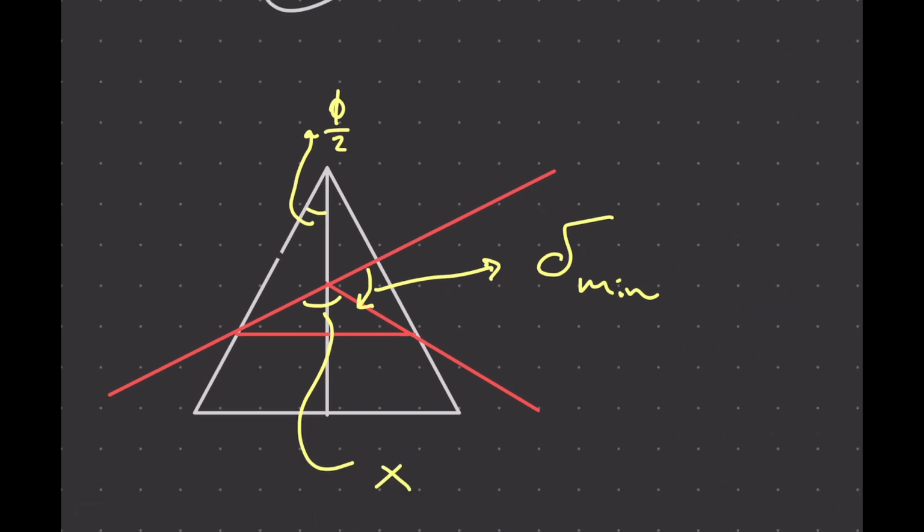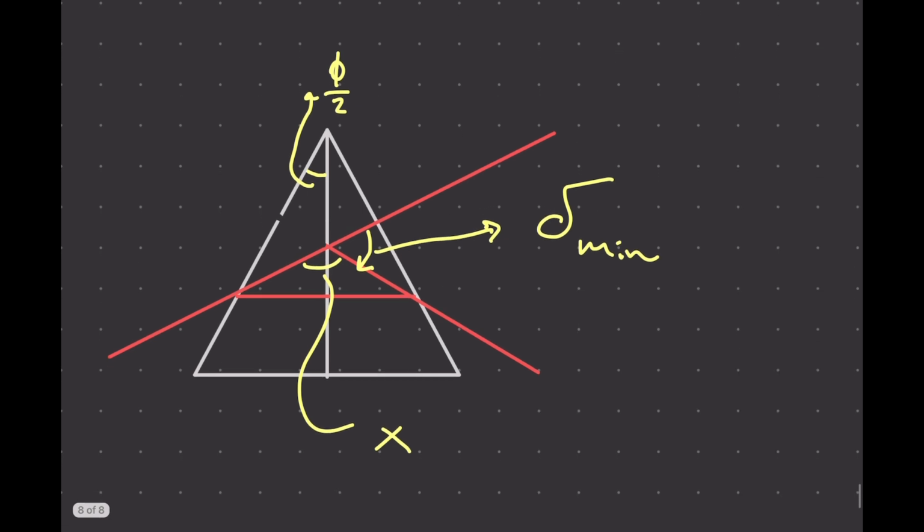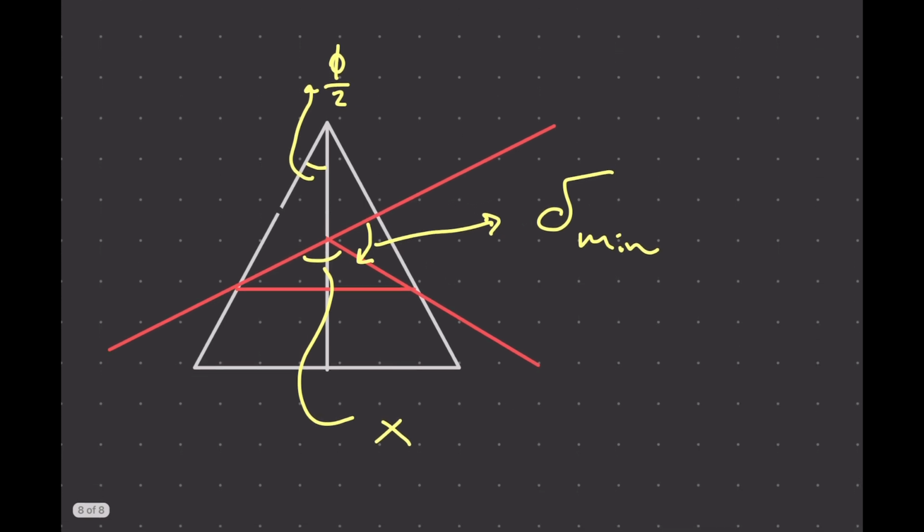Okay. This is what the picture is looking like. So we have this angle over here of this big triangle. And why am I looking at this triangle? You'll see in a second. I want to find this angle and I want to find this angle. So if I want to find this angle first, I have from here all the way to here is 180 degrees. From here to here is half of x. And from here to here is the angle that we're looking for. So I have a way of finding this angle.